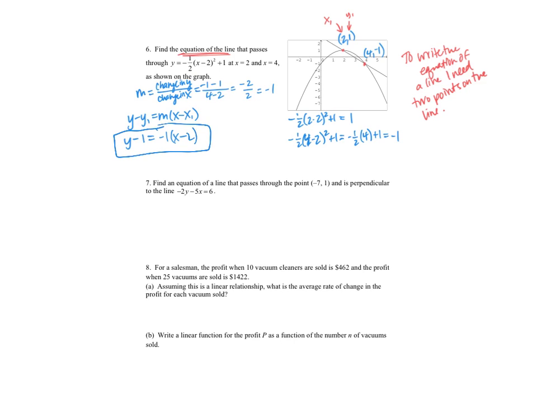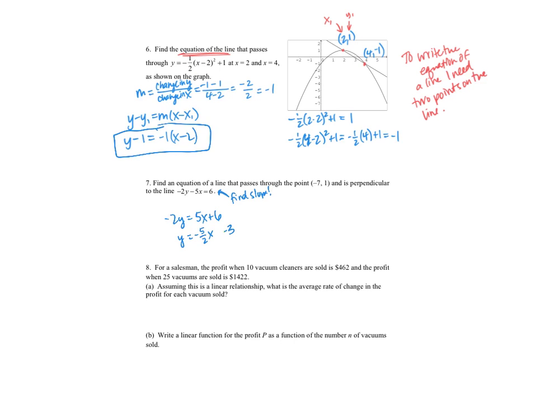And then it says, find an equation of a line that passes through the point negative 7, 1, and is perpendicular to this line. So the first thing I want to do is find the slope of this line. So I have negative 2y is equal to 5x plus 6, if I move that 5x over, and then I can divide by negative 2. So I get y equals negative 5 halves x minus 3.